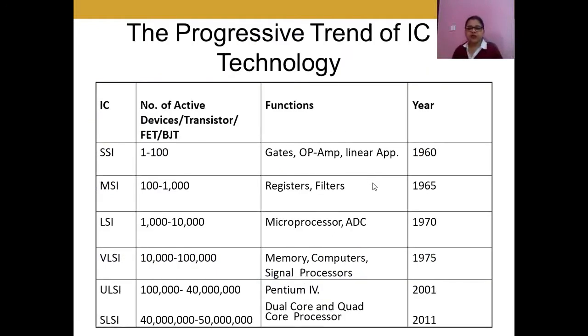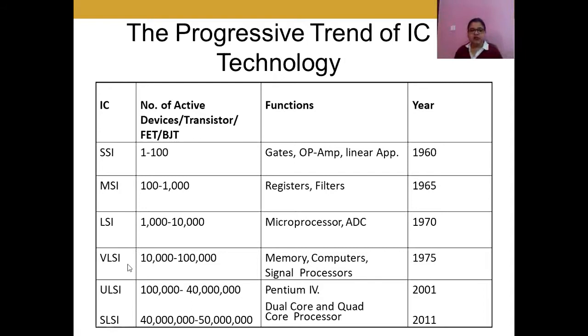Now, this is the progressive trend of the IC technology. Moving from SSI to SLSI, which is super large scale integration, these are some functions of each. At the SSI level, the implementation was done at the gate level. Op-amps, the operational amplifiers, were implemented. We also implemented some linear applications. When the MSI came into the picture, registers and filters were made. With the LSI, we were able to make processors, the microprocessors, and ADCs, the converters.